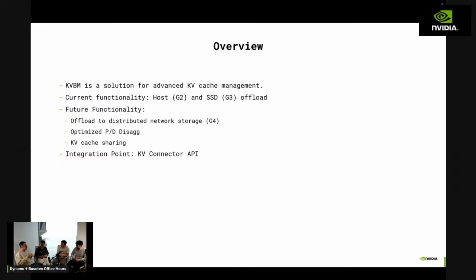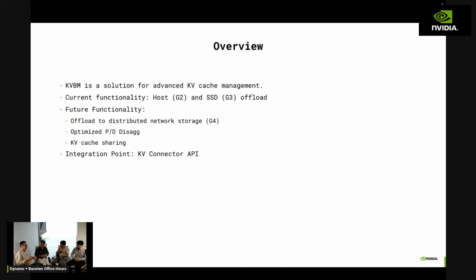In terms of integration point, a lot of the features I just mentioned are not simple, to say the least. So we need a very clean, elegant, and framework-agnostic way to implement these features. Because if we have a separate implementation for TRTLM, a separate implementation for vLLM, and another one for SGLang, that's not practical, right?